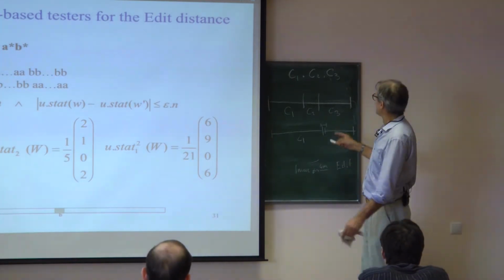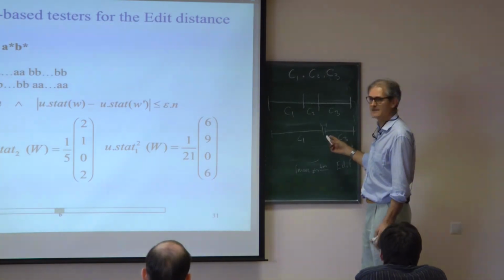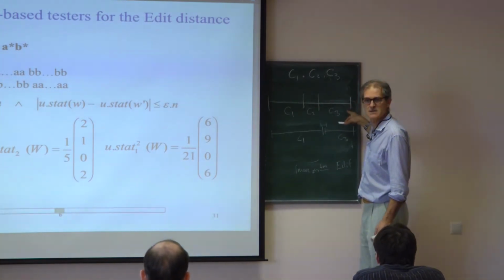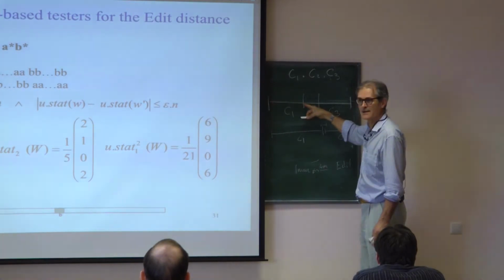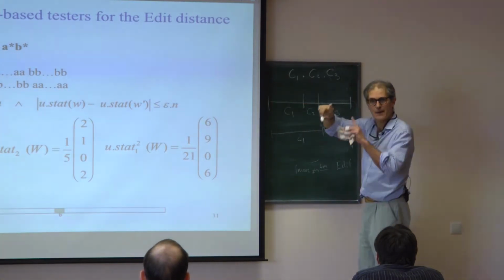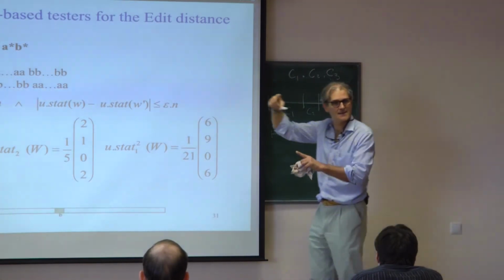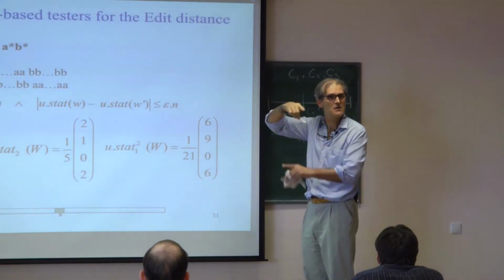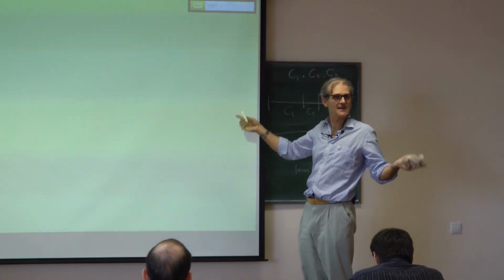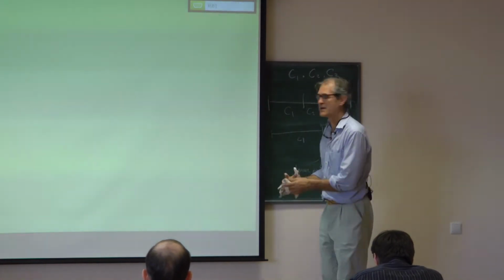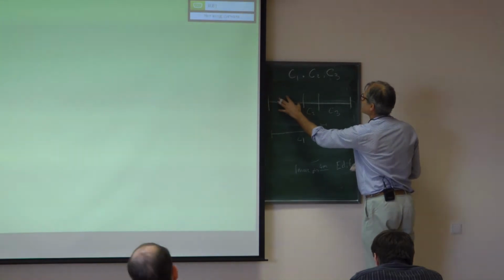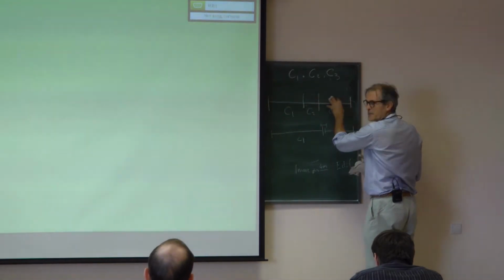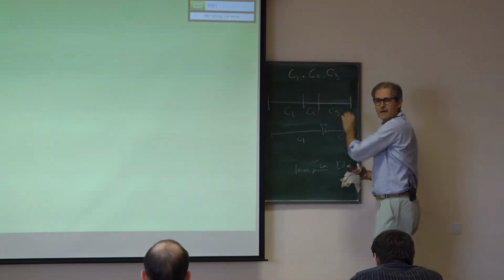Okay? So what you're going to look at is all possible decompositions, okay? And then for each connected component, you will apply the basic U-stat construction of order 1, because we're dealing with edit distance with moves. Okay? So all you have to find out is essentially whether what you see here is in the proper order compared to there, compared to there. Okay?